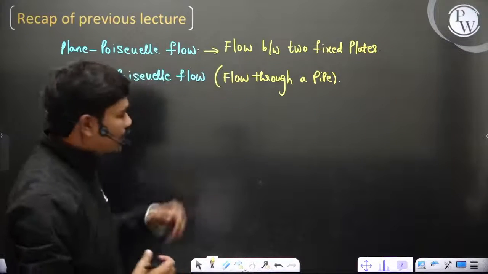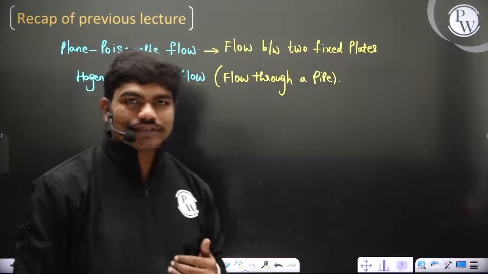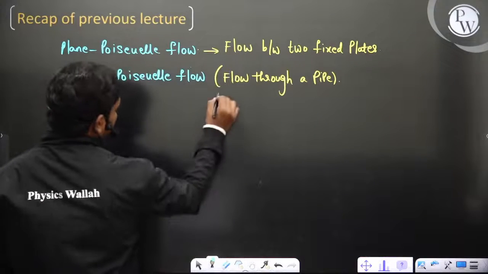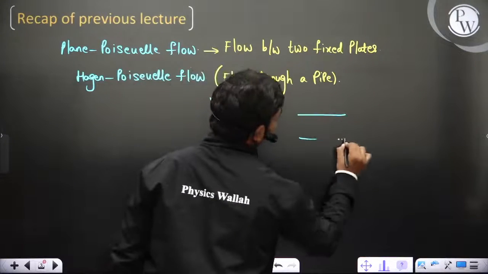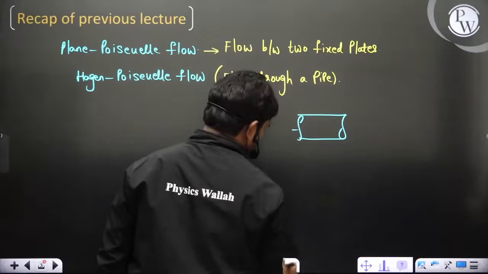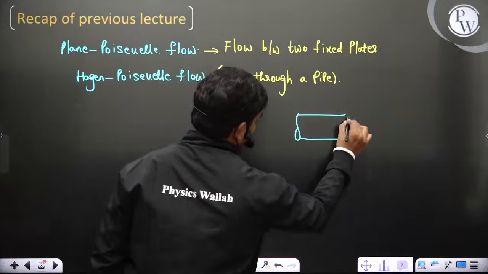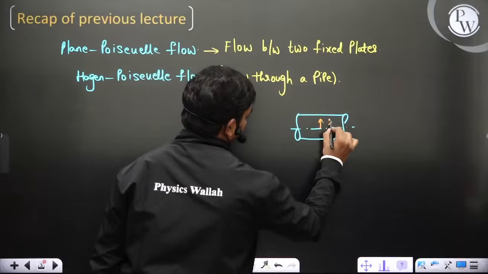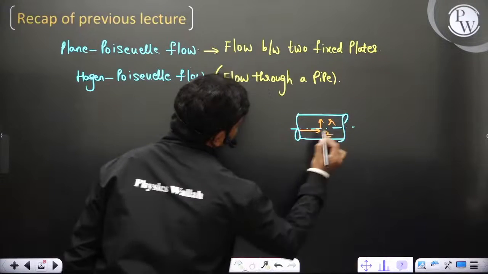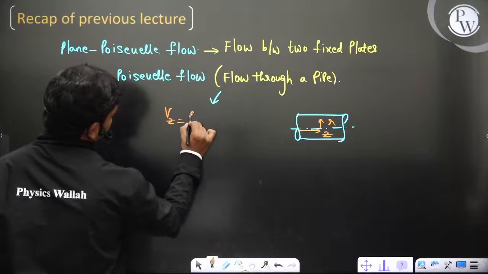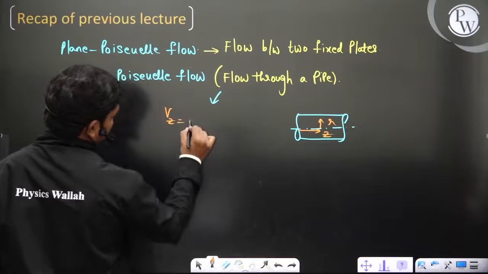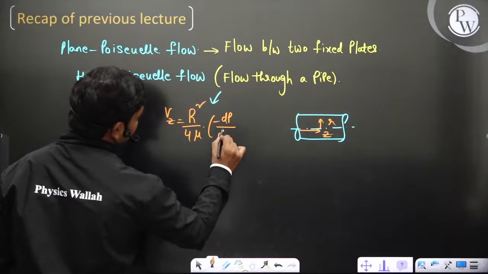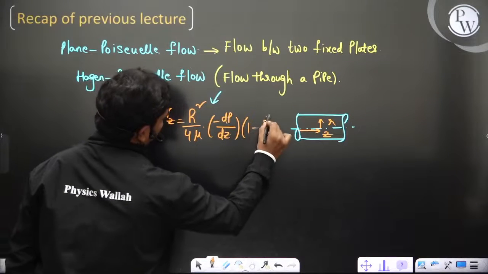In case of this flow through a pipe, we have seen certain important things like what is the velocity profile and all, correct? Normally if you take a pipe, for example, a pipeline like this, with respect to radius, and this is the z coordinate, so we have Vz is equal to capital R square by 4 mu times minus dp by dz into 1 minus small r square by capital R square.